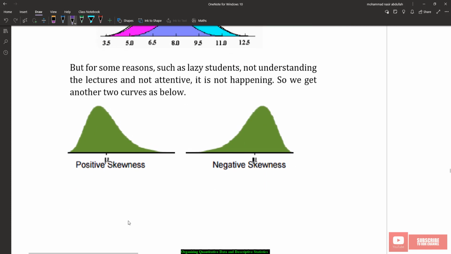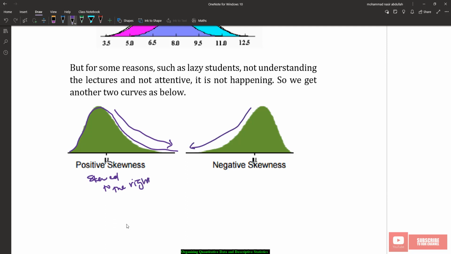For positive distribution or skewed to the right distribution, we have this type of shape. Right? Kita nampak the tail is longer to the right, means that it's skewed to the right. If the tail is longer to the left, it means that it's skewed to the left.